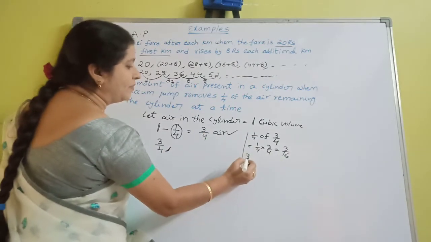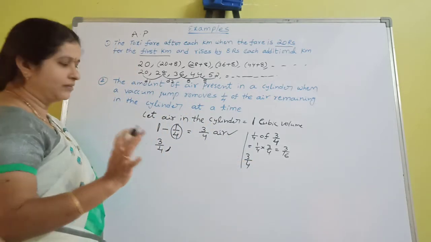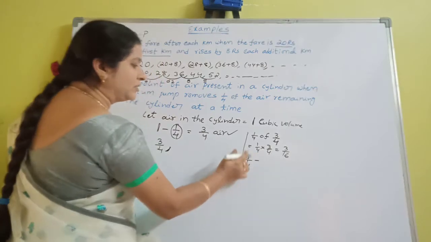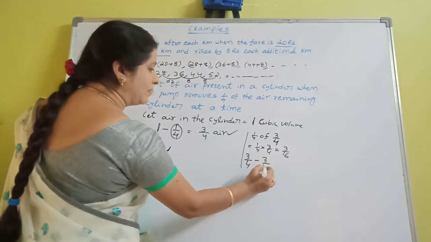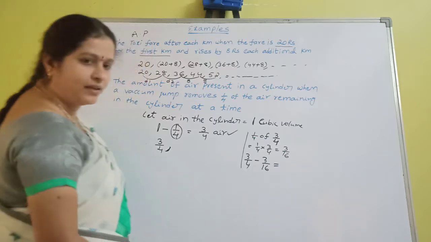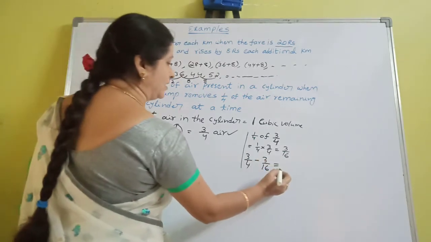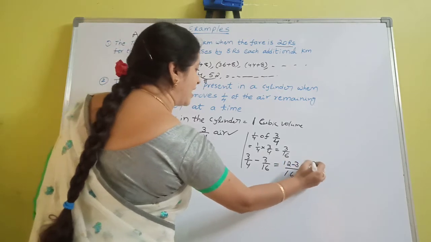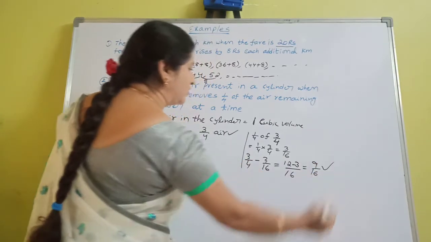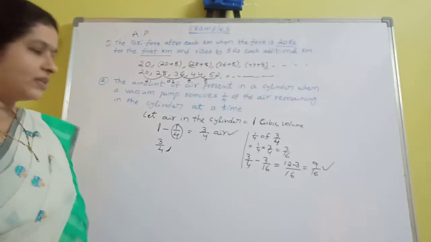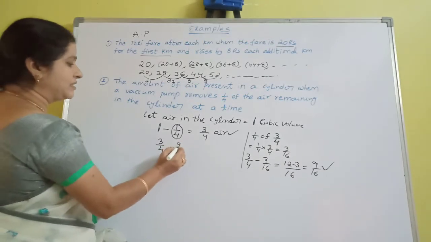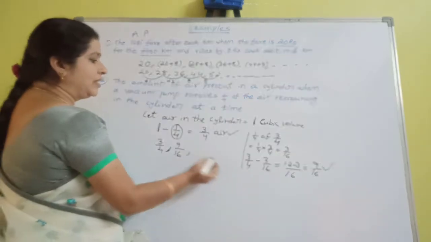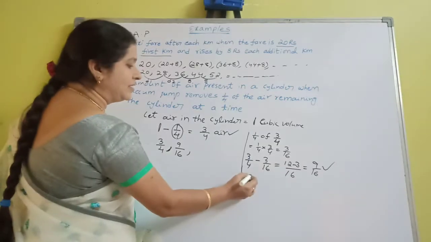Already 3/4 is left in the cylinder. If you remove 1/4 of 3/4, that is 3/16. How much air remains? 3/4 minus 3/16. LCM 16: 12 minus 3, so it is 9/16. So in the second case, the air in the cylinder is 9/16. Again, for the third case, the air still remaining in the cylinder is 9/16.